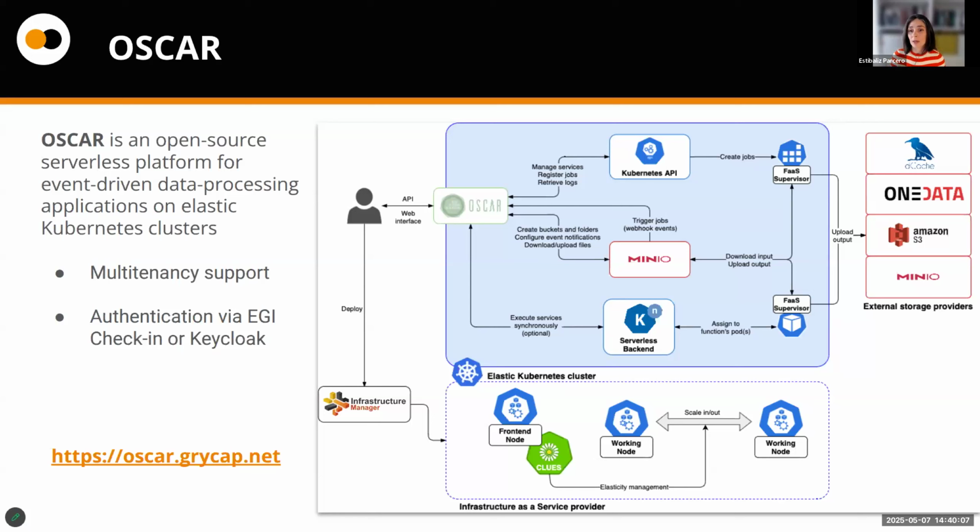It has a MinIO instance deployed along OSCAR inside the Kubernetes cluster, and also a native endpoint for synchronous invocations. And the FaaS supervisor is a component to provide access to other storage systems like dCache, OneData, etc. And this deployment can be done very easily using the Infrastructure Manager.